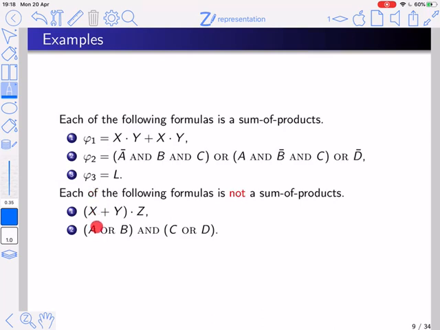Now these formulas are not sum of products. X or y, and z. You notice that the root here is an AND, and below the AND you have an OR. So that would disqualify this formula from being a sum of products. Same situation happens in this example.